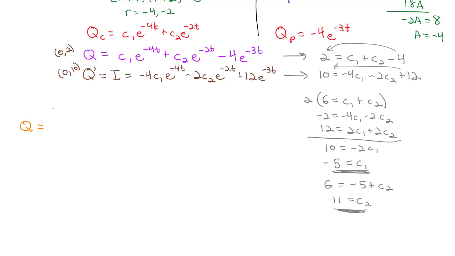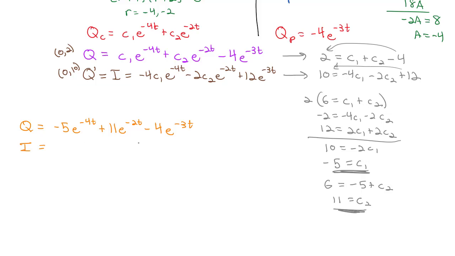Q is equal to C1, which is negative 5, e to the negative 4t plus C2, which is 11, e to the negative 2t, minus 4 e to the negative 3t. The problem also wanted us to find I, which is the current. The current is just the derivative of the charge.